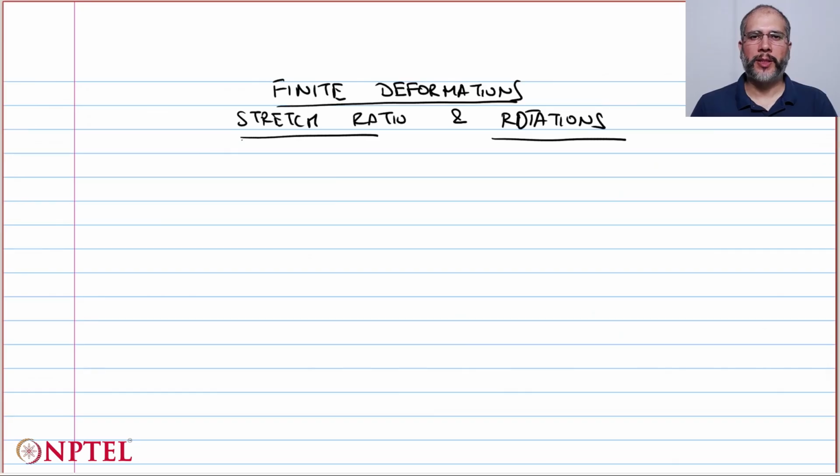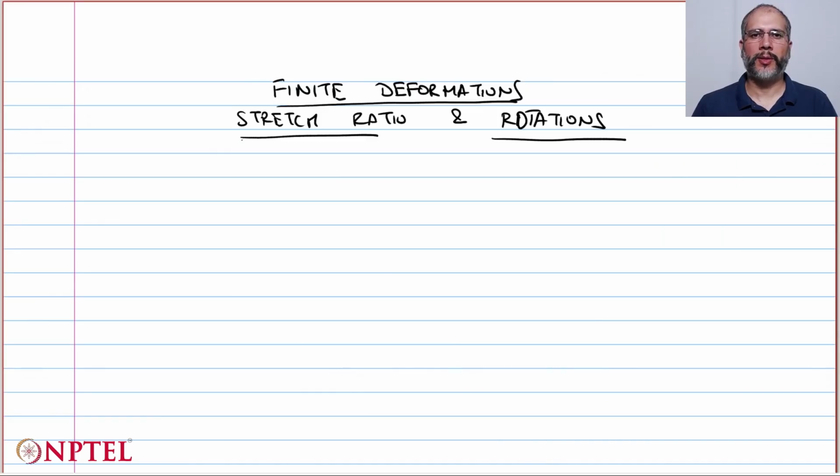Today's lecture is going to be an exception in the sense that we are deviating from our infinitesimal deformation theory and going back to a general case of finite deformations. We will define the quantity called stretch ratio, and then we'll be using that in the context of finite deformations.